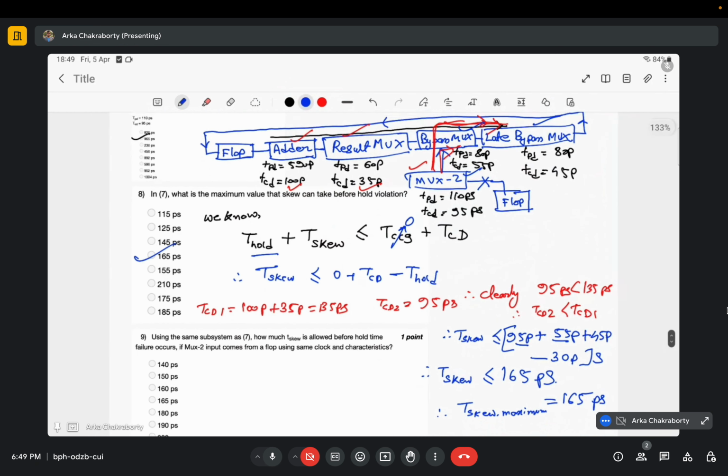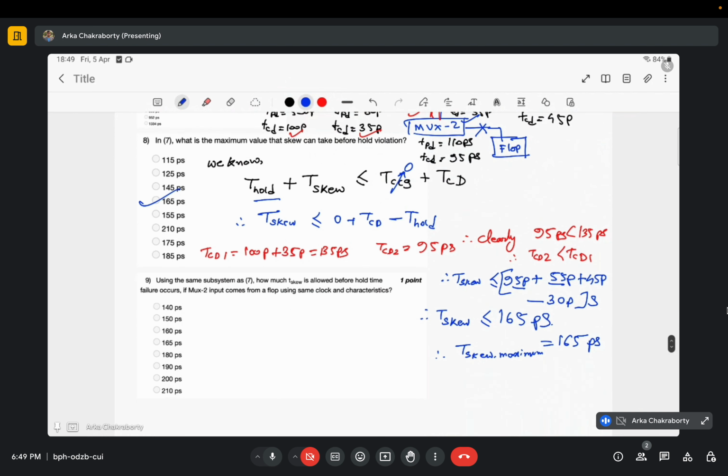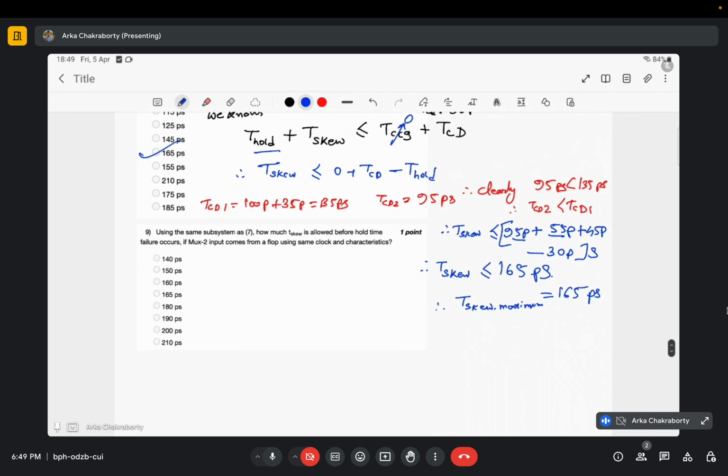So the maximum skew in the clock that would be allowed in our system is 165 picosecond. Okay. Let's move to the next question.